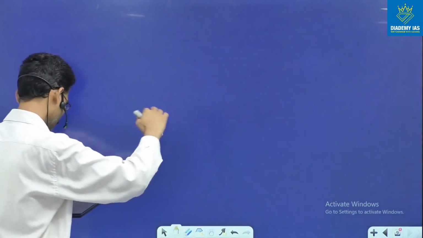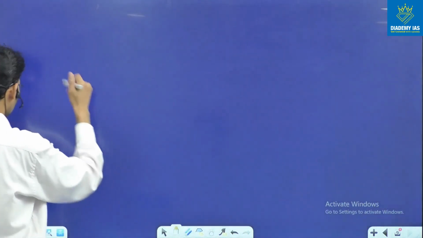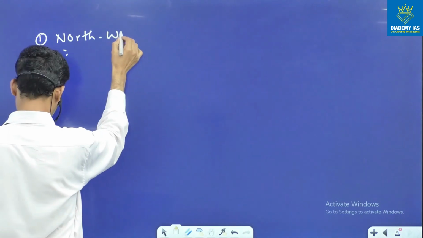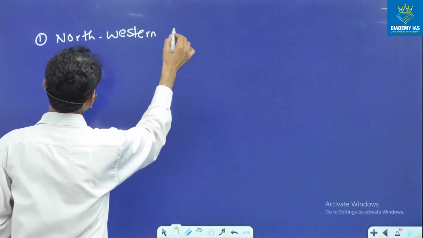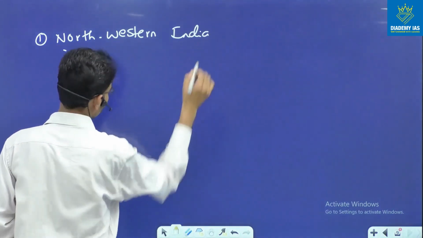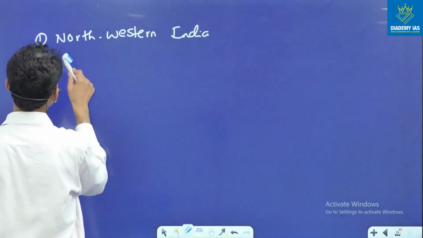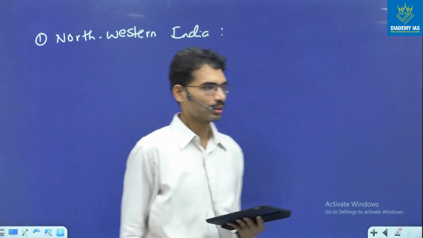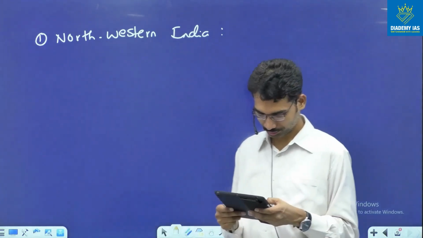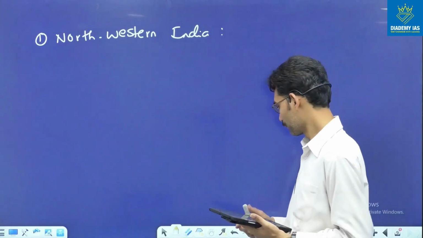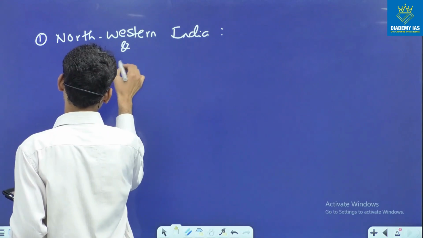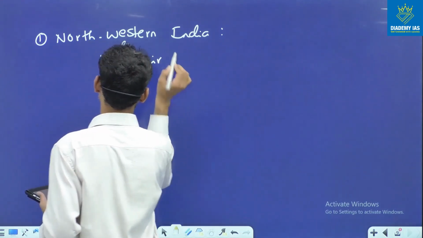Now you see the structure. One by one we are going. First one, northwestern India. And include Kashmir also, northwestern India and Kashmir.